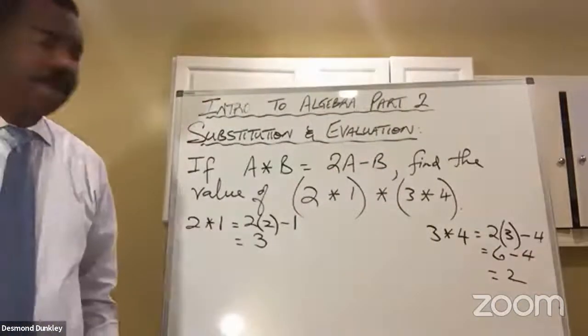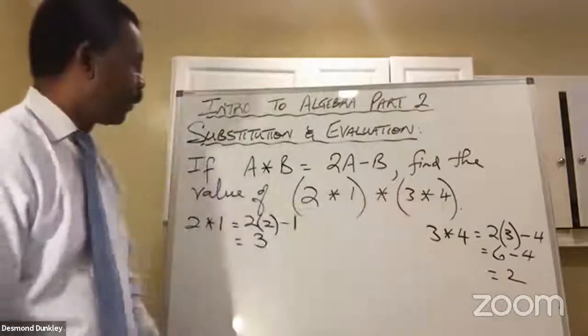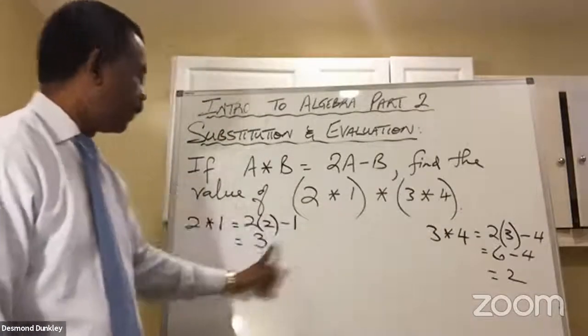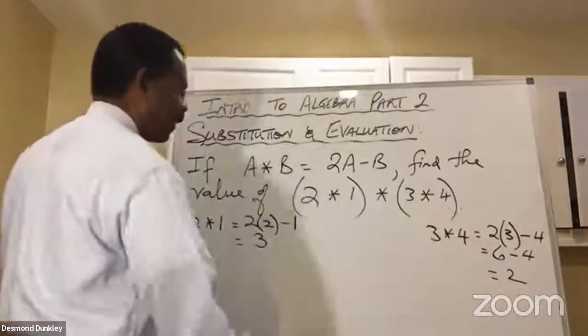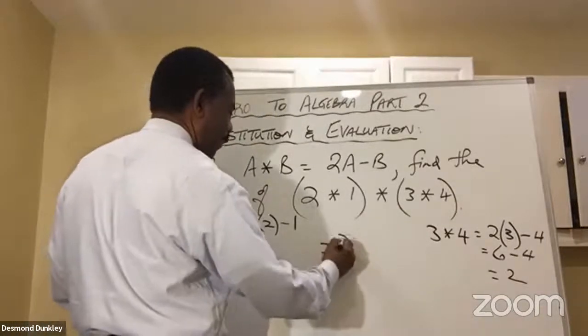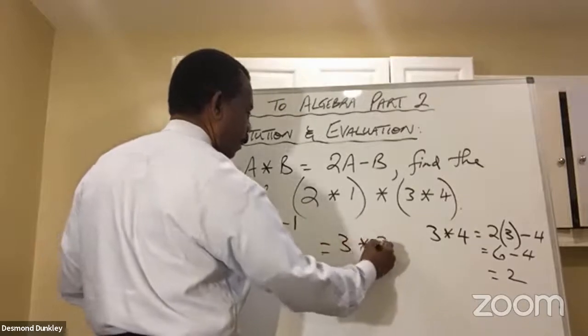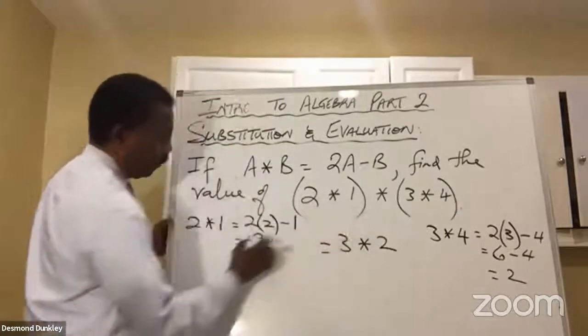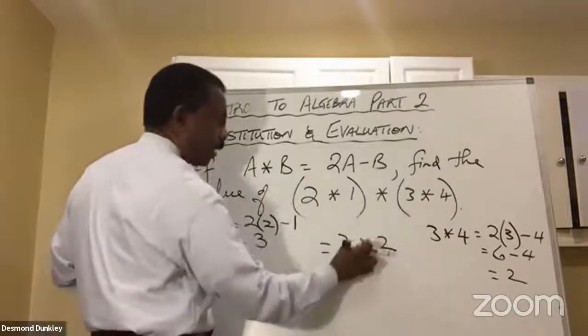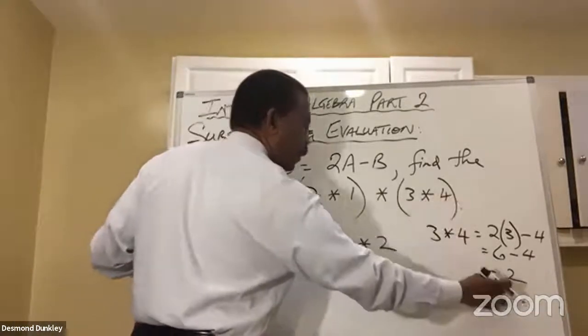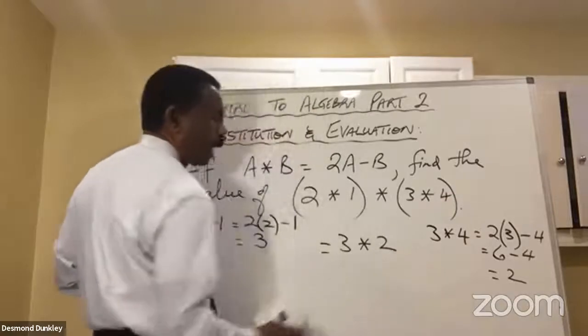So technically, this question boils down to 3 star 2. We got 3 right here from this, there it is, star, and this gave me 2, so there's a 2 right here.